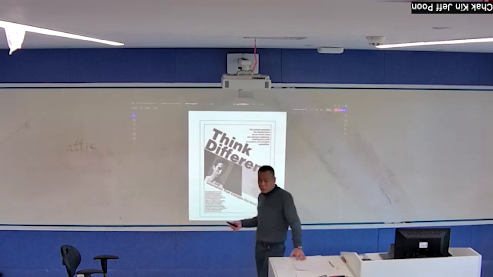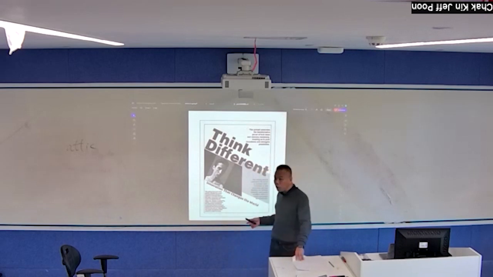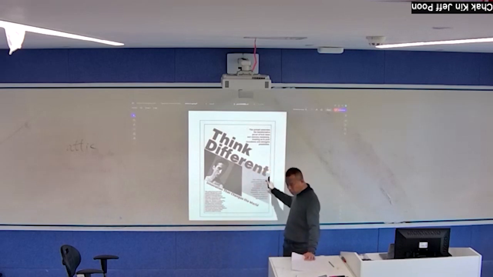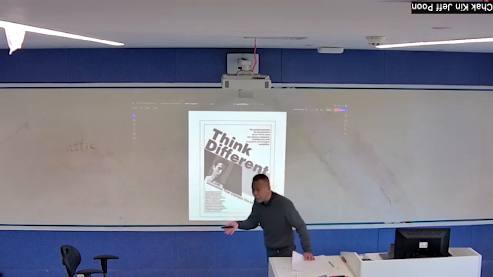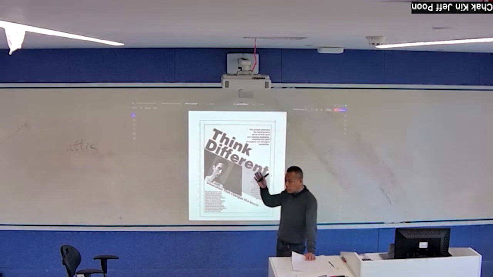And 12 points is probably the biggest you can go for body copy. But 12 point may not be quite right either because maybe it's too big. Still, this is a suggestion. I don't want to say it's a rule.